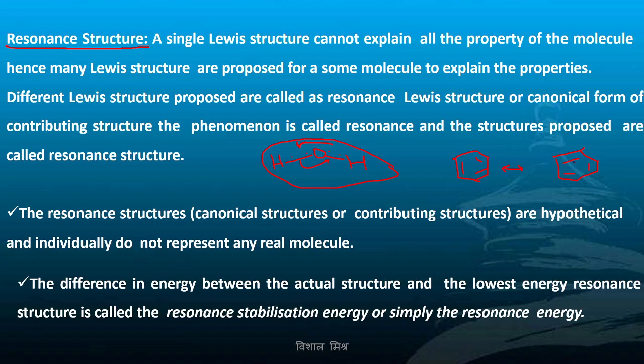So these two structures are for the same compound, and they are known as resonance structures. A single compound can be represented by two structures. Resonance structures are hypothetical, meaning they are not actually seen, but they are assumed to be of this type.